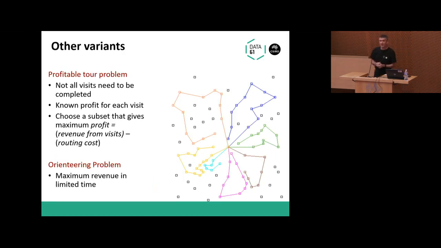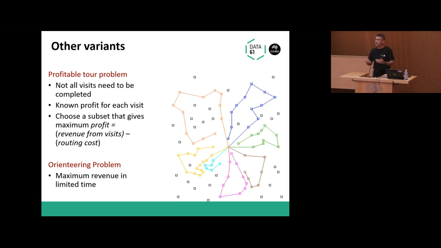And there's a bunch of other variants. Because it's a practical problem and because people do deliveries in lots of different ways, there are all of these different variants of the problem. All the ones I'm going to talk about now, you'll be able to solve using very similar methods, but just different objective functions. So the so-called profitable tour problem, where you don't actually have to visit every customer.